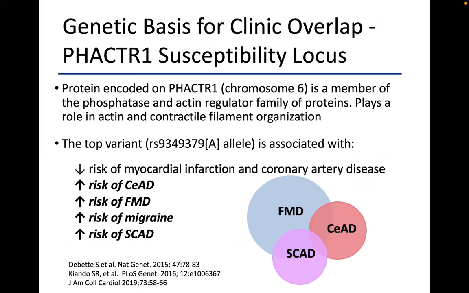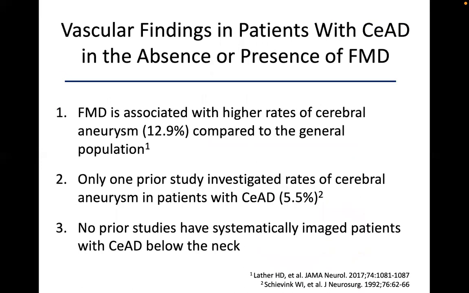And this top variant that was identified is associated with an increased risk of cervical artery dissection, FMD, migraines, and SCAD. And interestingly, it's associated with a reduced risk of myocardial infarction or heart attack and coronary artery disease due to cholesterol plaque. So we're starting to see that there is some genetic basis for the overlap that we've been observing.